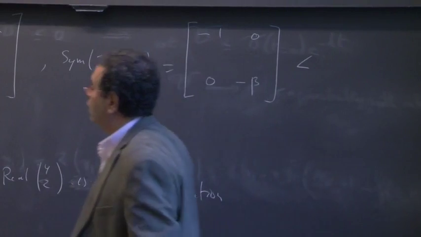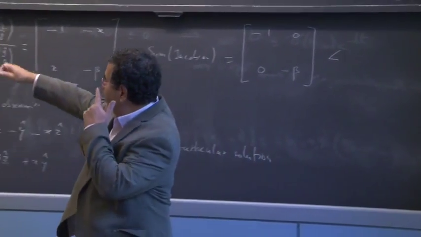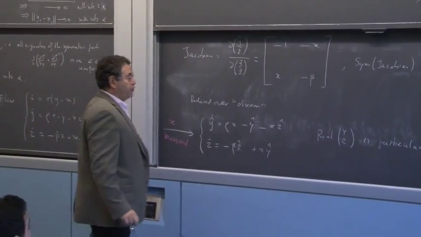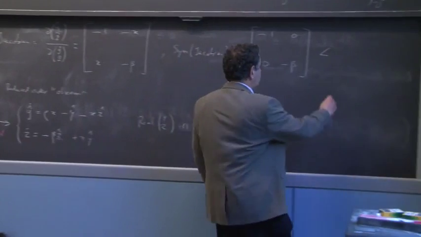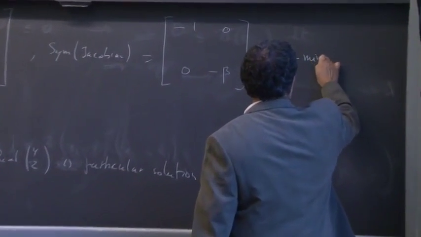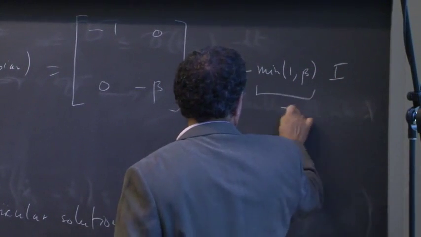And remember we said that beta, sigma, and rho were all positive constants, right? So it's less actually than minus the minimum of 1 and beta times identity, right? Which is, of course, a positive number.